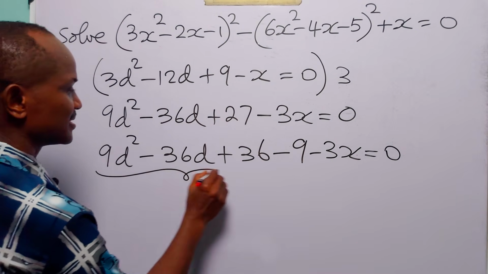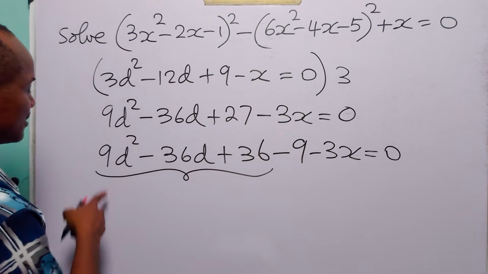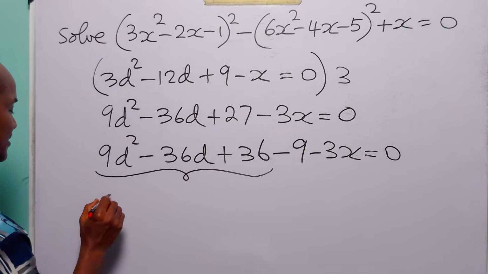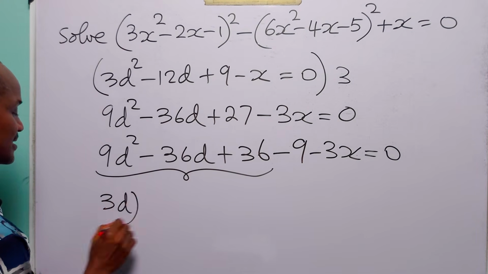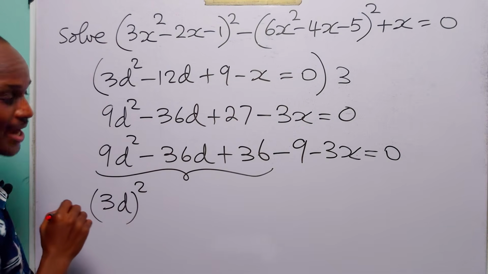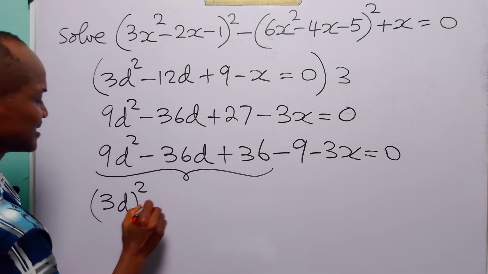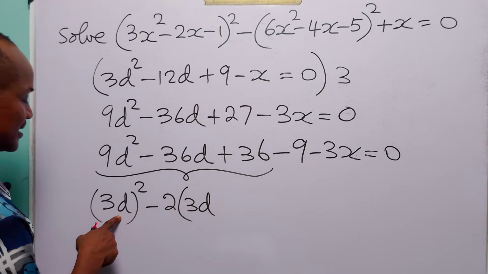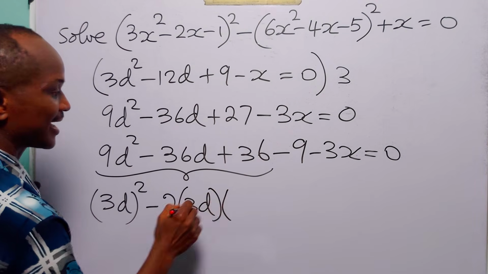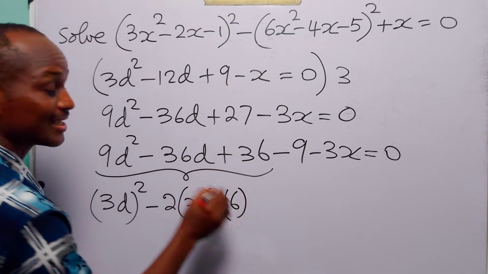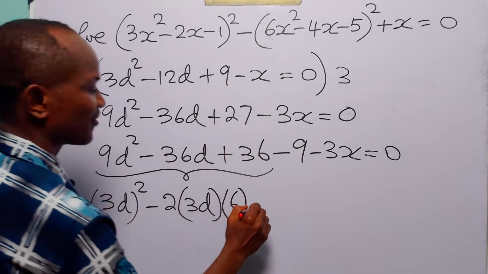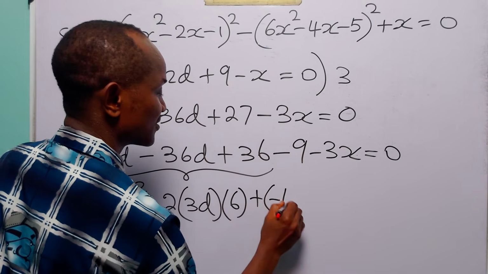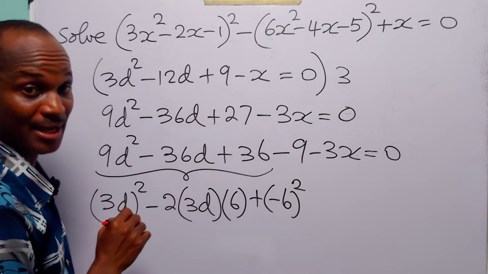Now, look at these first three terms. We can write this as 3d squared. Now, we can write this as minus 2 times 3d times 6. And we can write this as minus 6 squared.